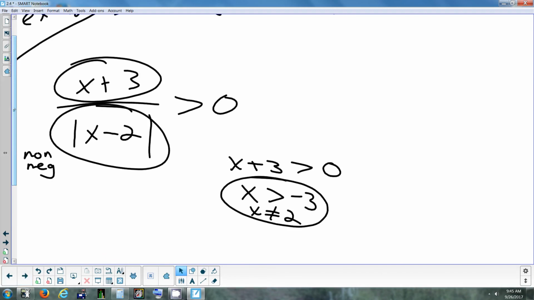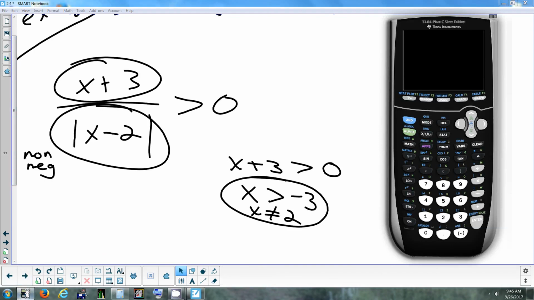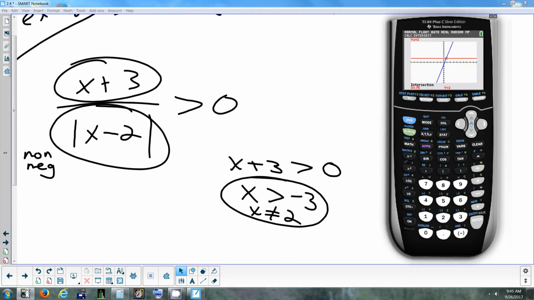So let's graph that and see if we can confirm what we just got. When you type this in, use parentheses around the numerator, divided by, remember, absolute value is under math and then number, x minus 2. So we are looking for where this graph is above the x-axis.